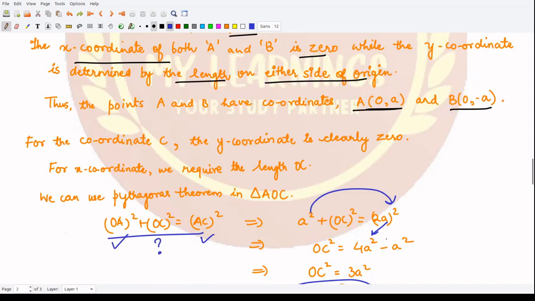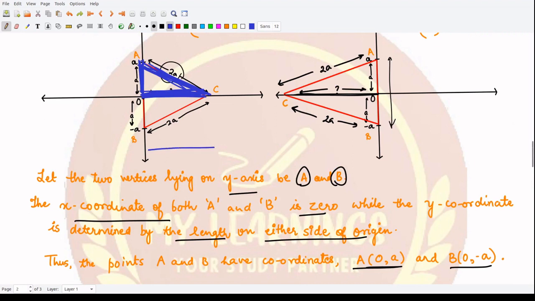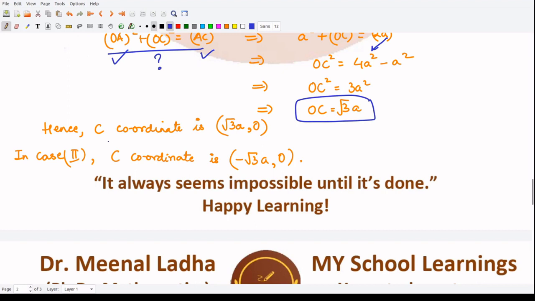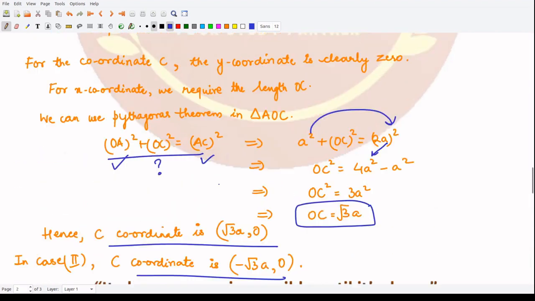So when you are traveling in the positive x direction, the point would be (square root 3 a, 0). And when you are traveling in the negative x direction, as in this case, your point would be (minus square root 3 a, 0). So you have these 2 points for the different orientations of the equilateral triangle.